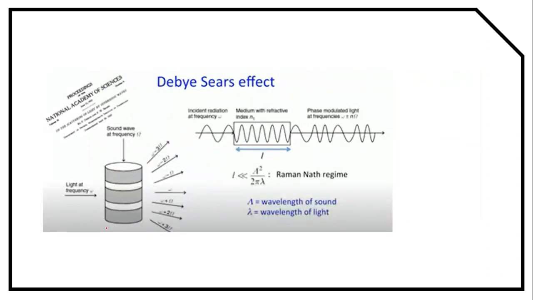How does it work? There is a Debye effect. See, there is a difference between light and sound. The first thing is the light beam, that is a transverse wave, and the sound, that is a longitudinal wave.